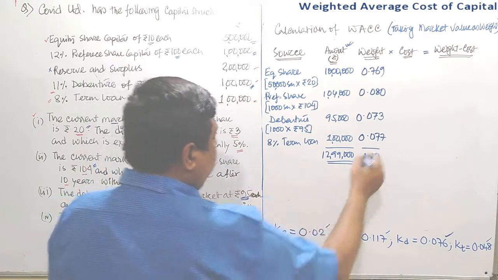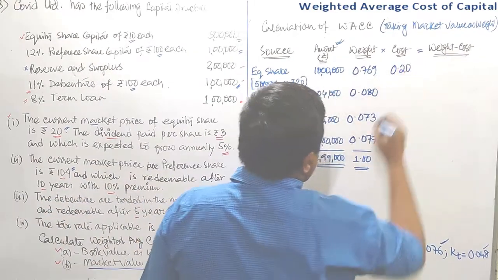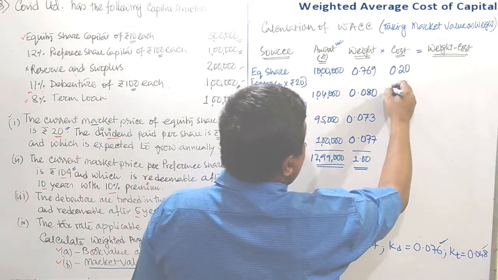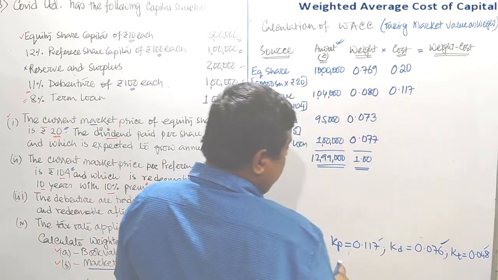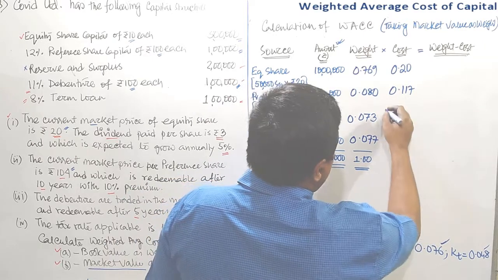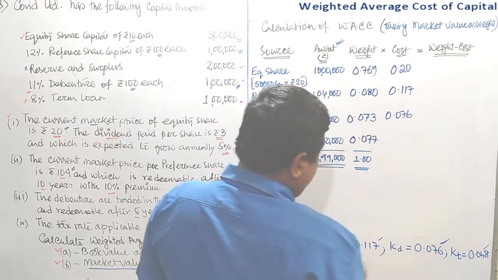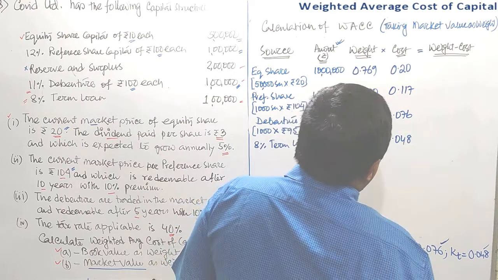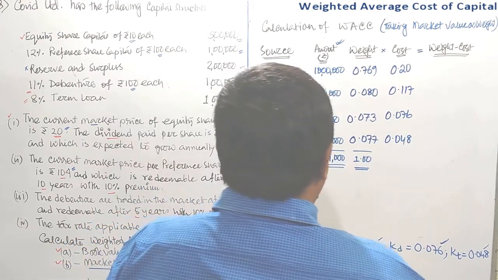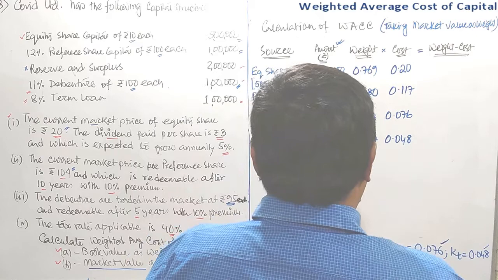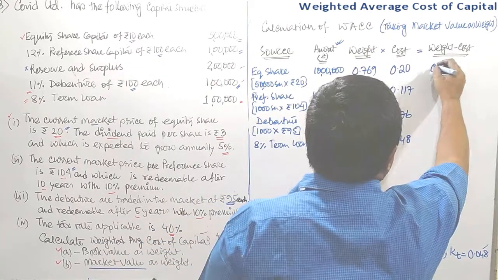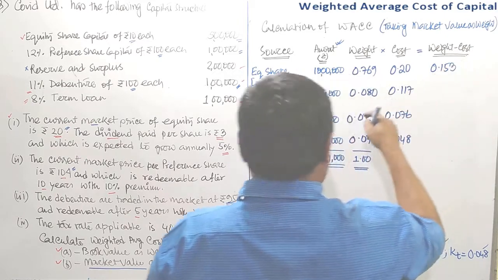Okay. Now the specific costs we are going to plot over here. For cost of equity it is 0.20, that is 20%. Cost of preference is 0.117. Cost of debenture is 0.076. Cost of term loan is 0.048. Now once you multiply, 0.769 into 0.20 is 0.153.